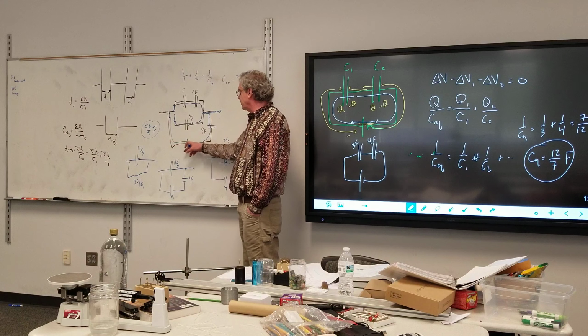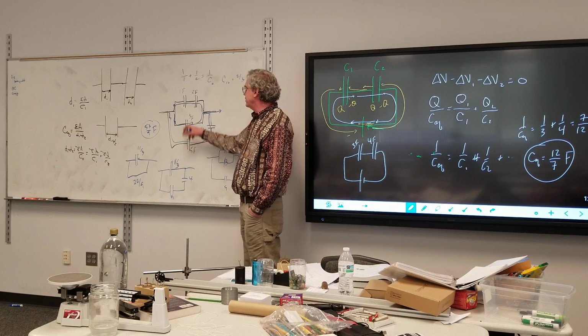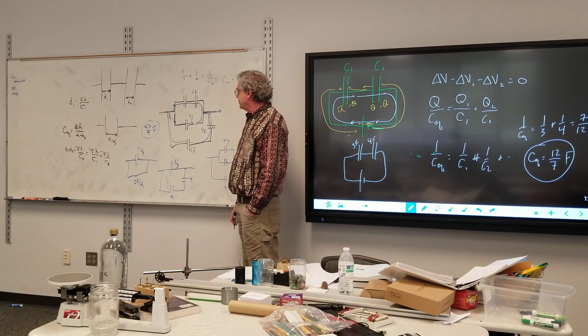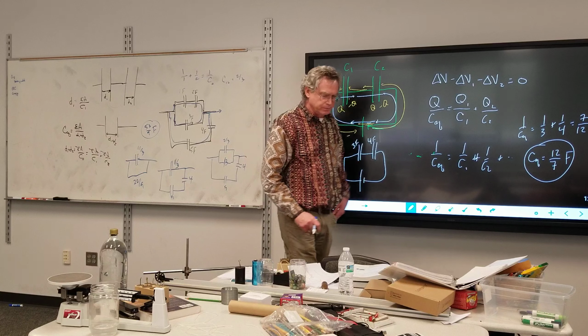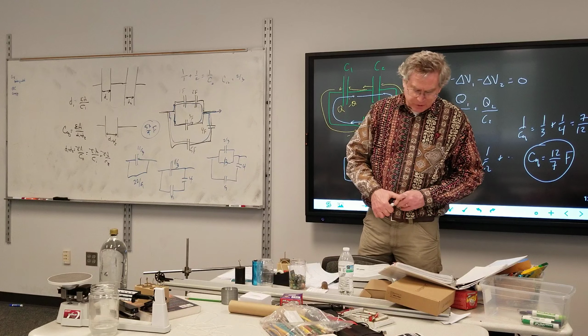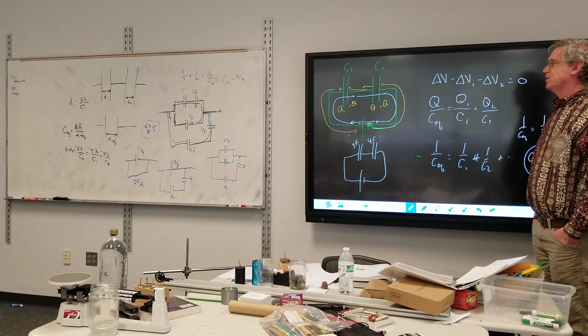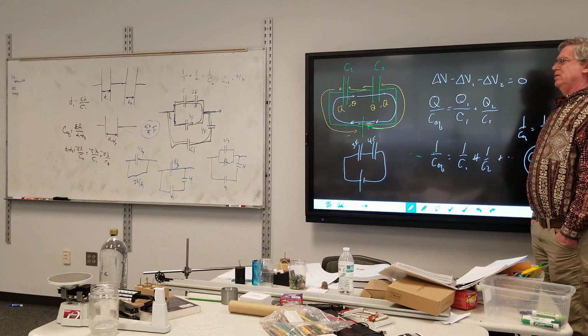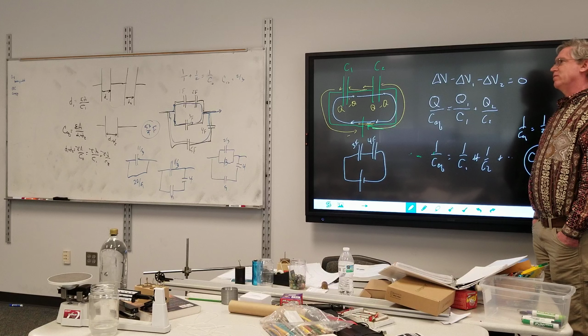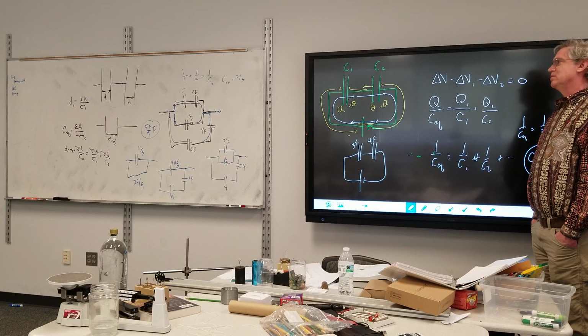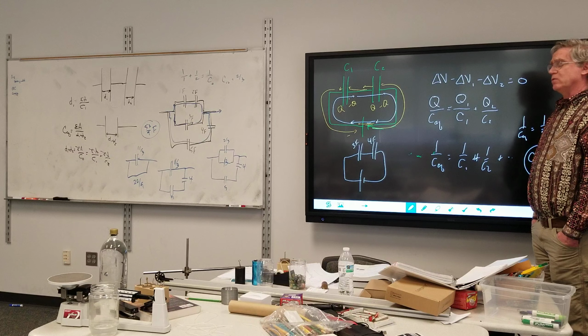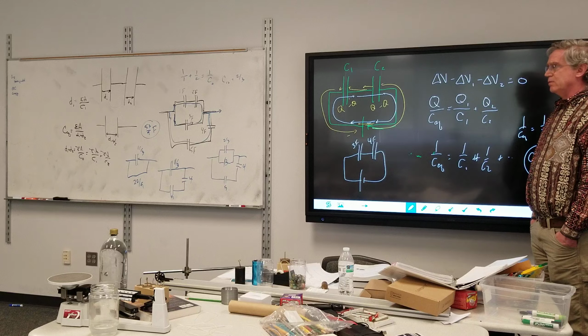Because these are along the same path here, those are in series, those are in series. And officially, parallel would be two capacitors that have the same potential drop. That's probably not as good a definition. Same potential drop across them is a requirement, but it's not sufficient for all of them.